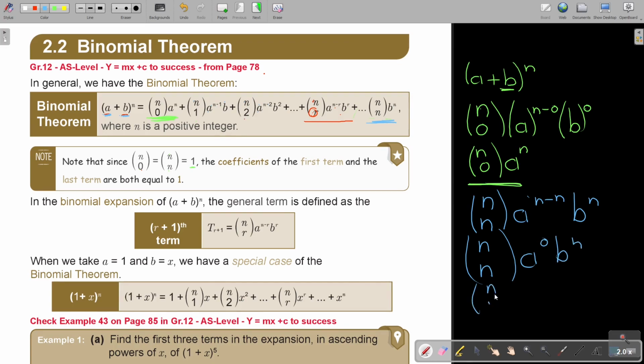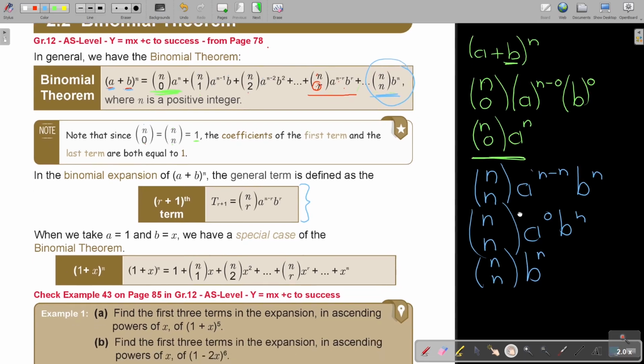So the last term will just be the second term to the power n. The most important thing is that you remember this general term. n over 0 is 1, and n over n, where I end, is 1. When I put in a 5 or a 6 and use brackets, the formulas usually make more sense.